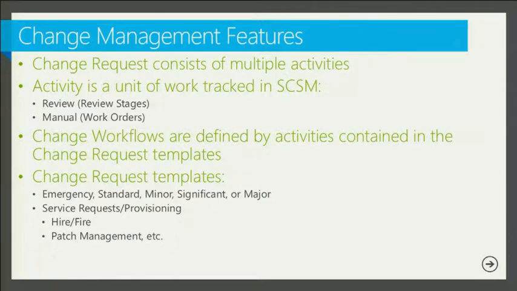So when you get into change, understanding the activity types and how that fits to your process and how you orchestrate change management within your organization is paramount. Of course, the workflows are defined by our activities and based on templates, and we'll hop into all that shortly here as well.